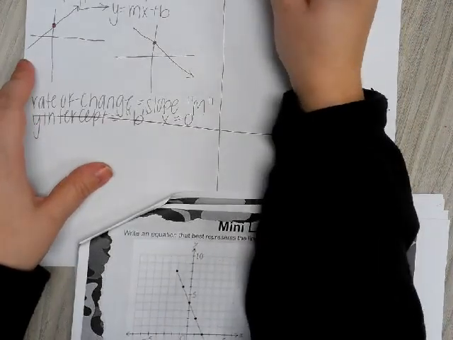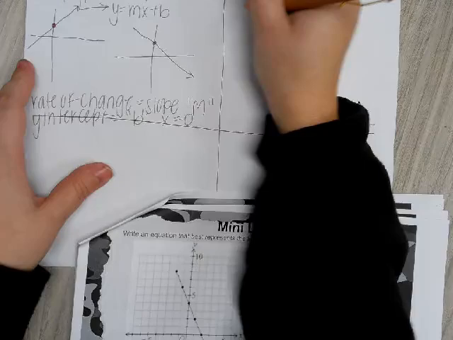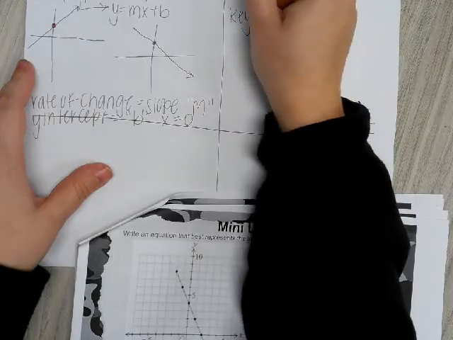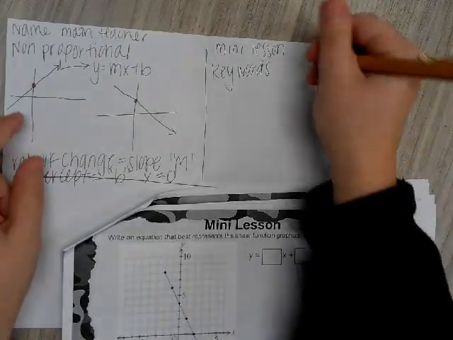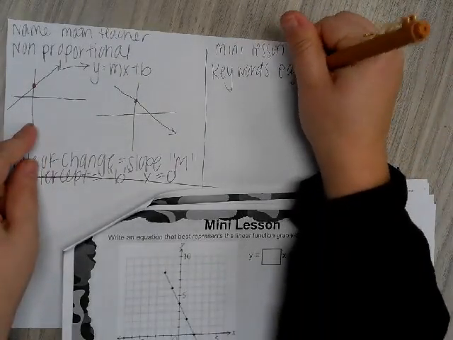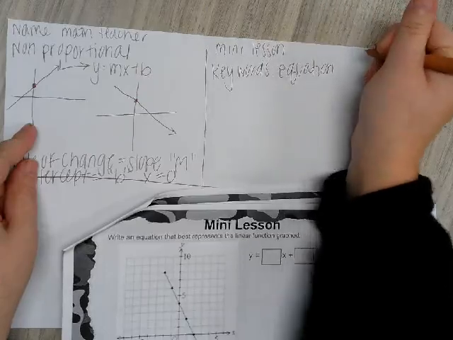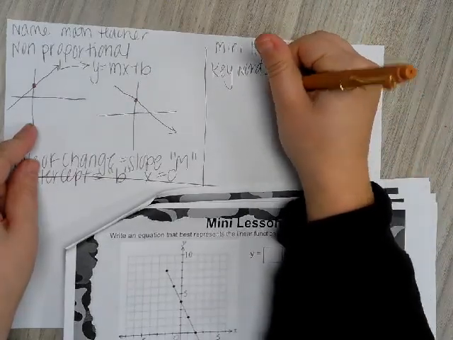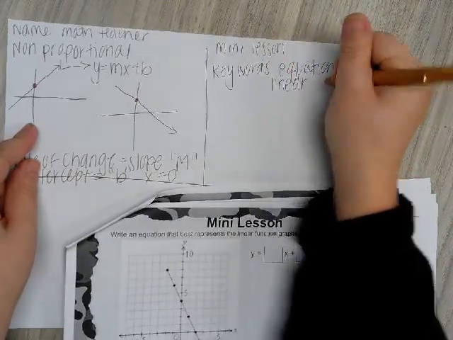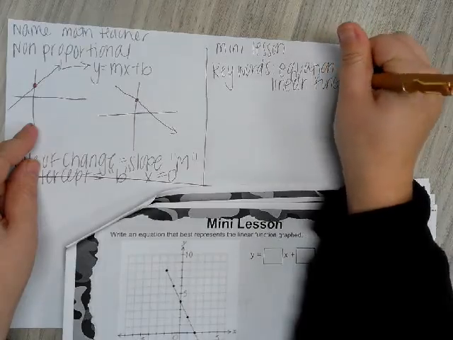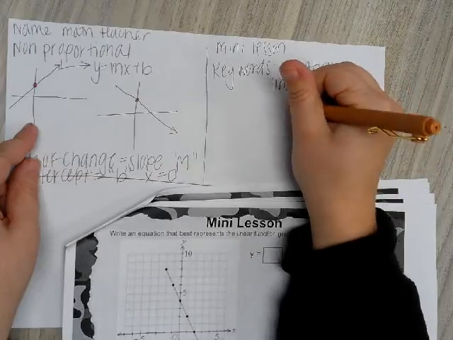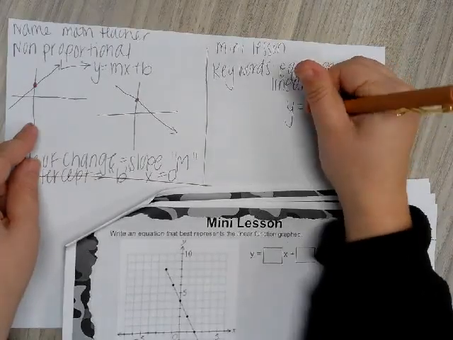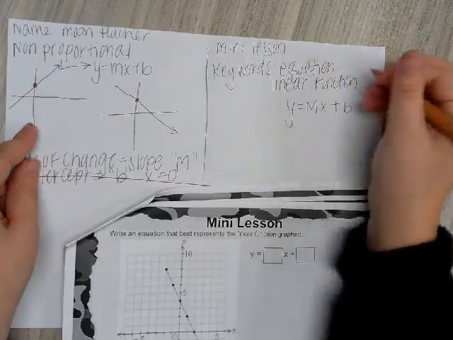Yes, you have to write your keywords. So it says write an equation that best represents the linear function. So equation, linear function, we know that that's going to be y equals mx plus b.